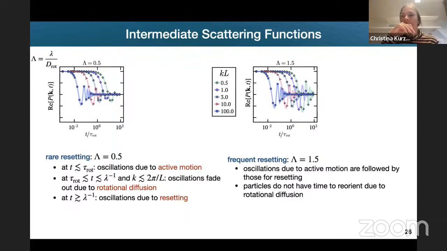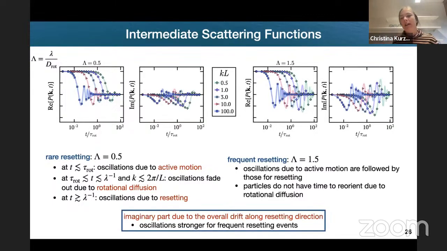Okay. So perhaps one of the most important aspects here is that if you have something like this external field, you also end up having an imaginary part of your ISF. Okay, and this is what I'm showing here in these two plots. And you can also see that the oscillations are stronger if you have more frequent resetting events.